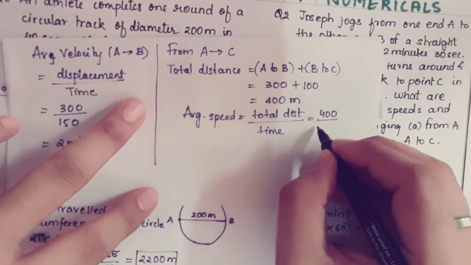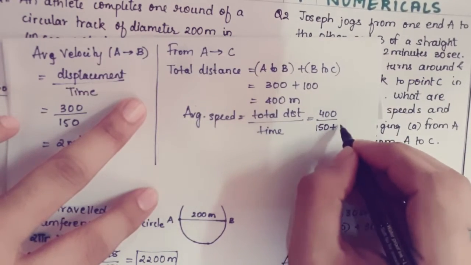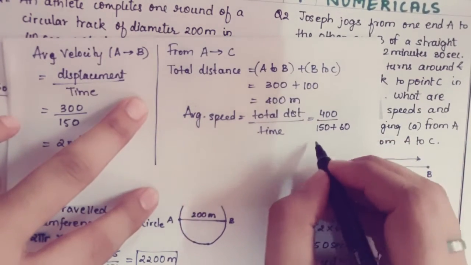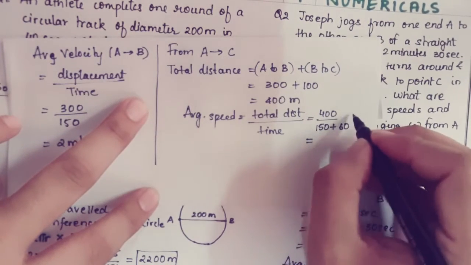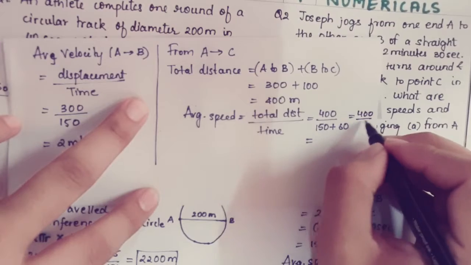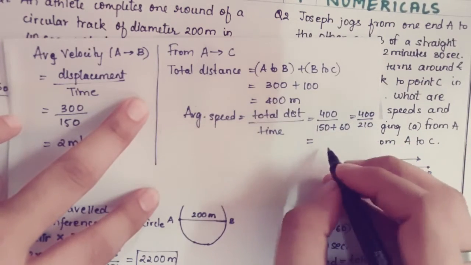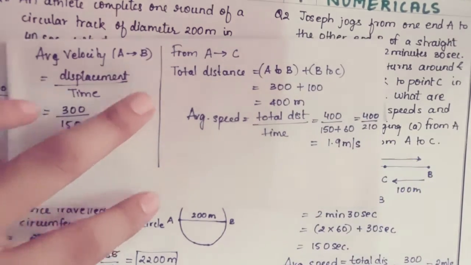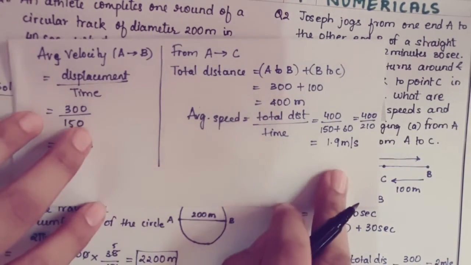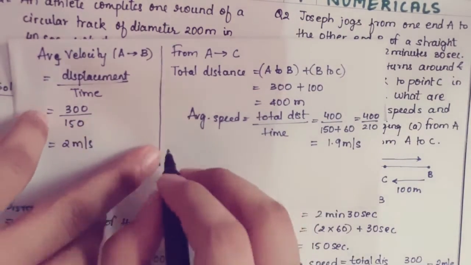So time will be 150 plus 1 minute, which is 60 seconds. So this will come out to be 400 upon 210. So the answer will be 1.9 meters per second. Clear? Now this is interesting.